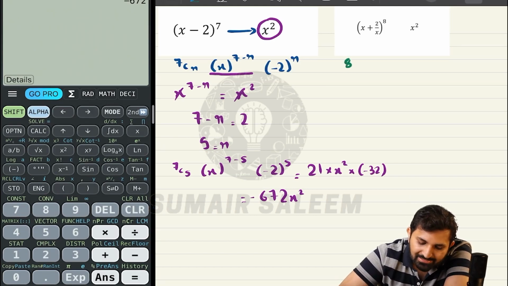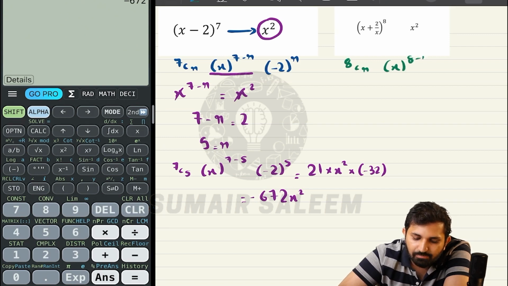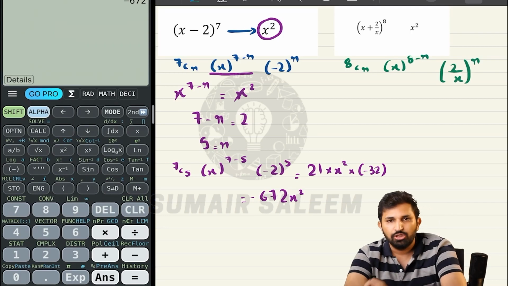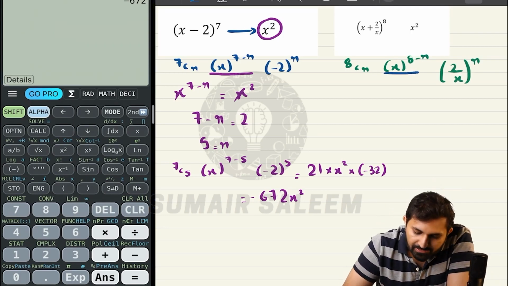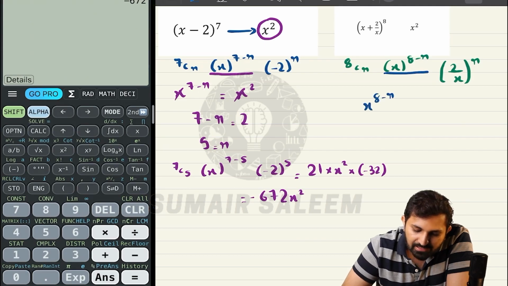It's going to be guys 8Cr x^(8-r) (2/x)^r. Now this is challenging. You focus on x only. So what's x? If I notice here, x power is 8 minus r. Now focus on this one.